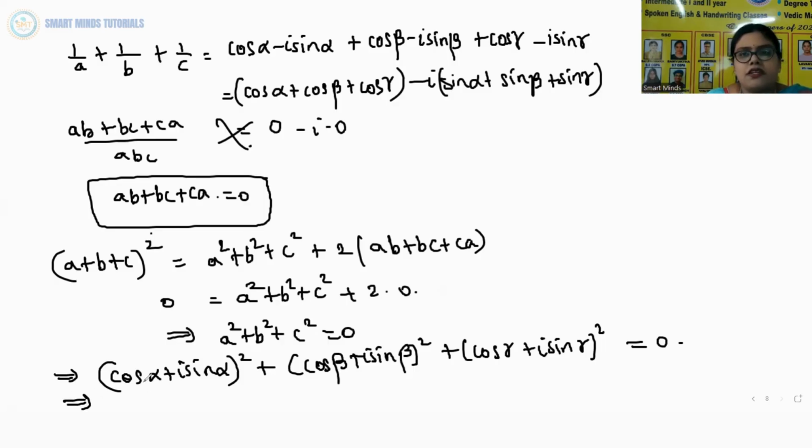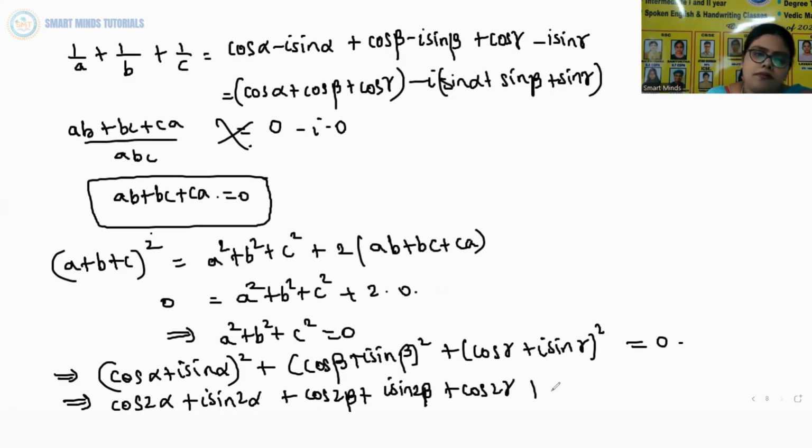What is DeMoivre's theorem? Cos theta plus i sin theta whole power n can be written as cos n theta plus i sin n theta. So this is cos 2 alpha plus i sin 2 alpha plus cos 2 beta plus i sin 2 beta plus cos 2 gamma plus i sin 2 gamma is equal to 0.